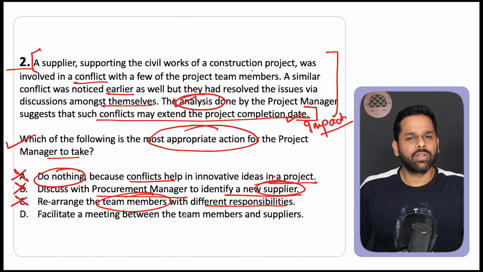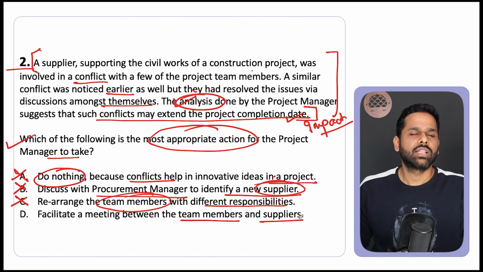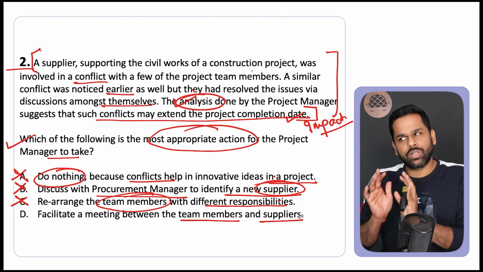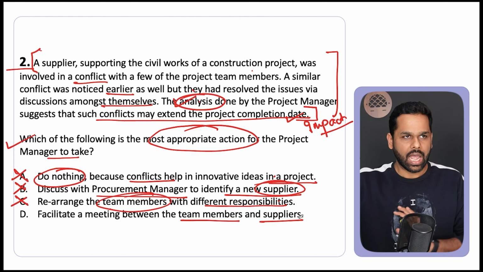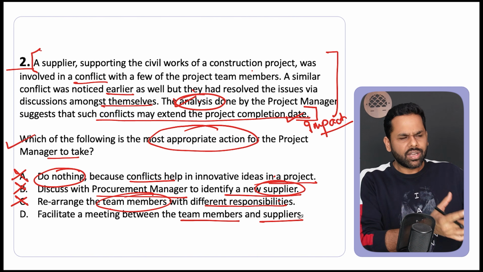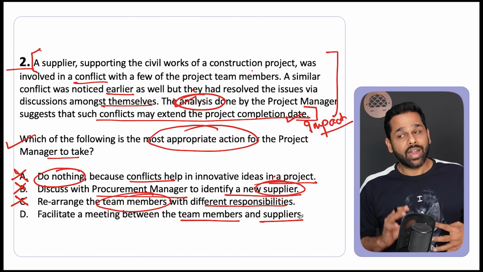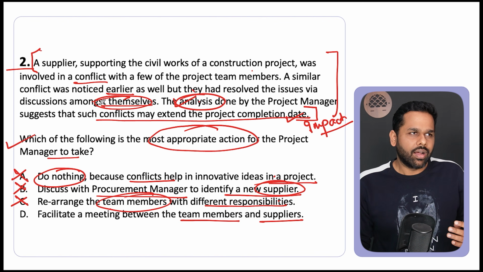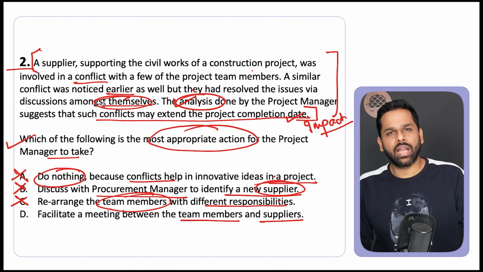Facilitate a meeting between the team members and suppliers. So if you see that there is something in the project which could impact my project, and there are suppliers and team members involved, bring those parties and facilitate a discussion. They tried it themselves, it did not work, and some conflicts are still pending.